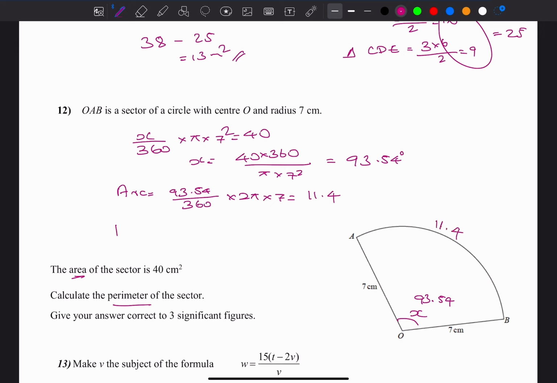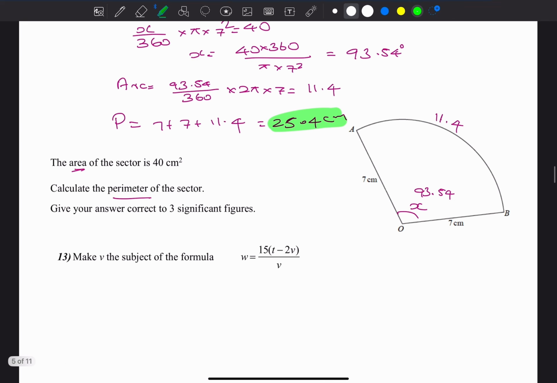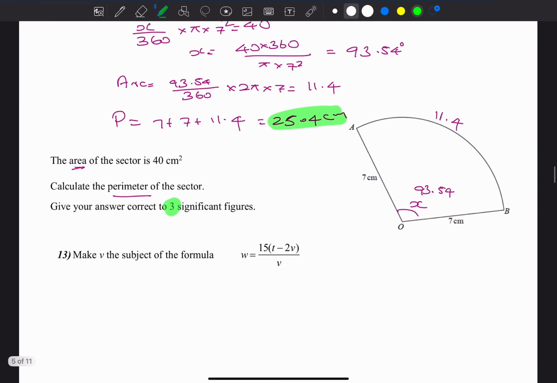So your perimeter is 7 plus 7 plus 11.4, which is 25.4 centimeters, and that's the answer, perimeter. And it is 3 significant figures, remember, 3 significant figures means 3 numbers in there.